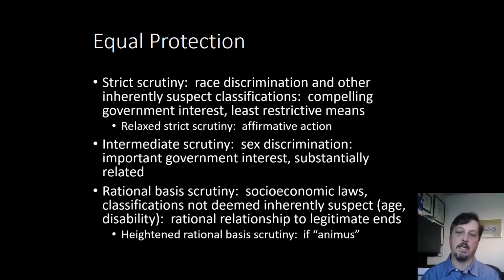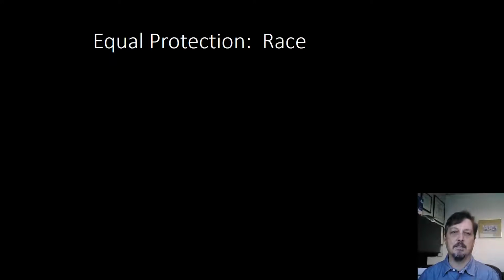So socioeconomic laws and classes that are not deemed inherently suspect, like age, only need to show a rational relationship to legitimate ends. But we also noted that sometimes the court will apply what seems to be a heightened form of rational basis scrutiny, particularly if the legislation seems to exhibit an animus against one particular group. And we looked at the case involving hippies to give us that.